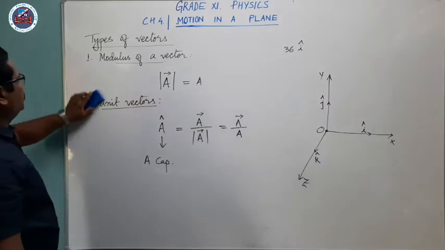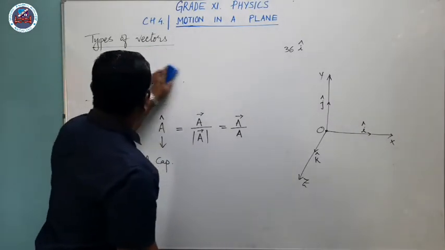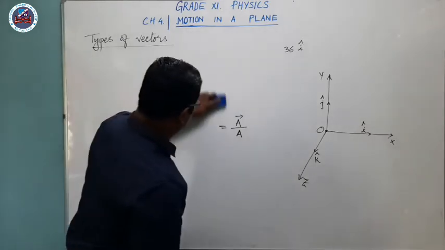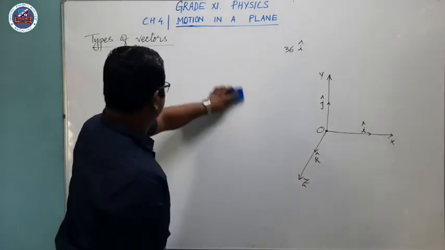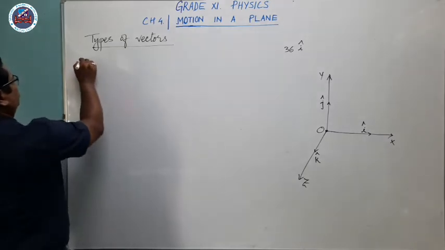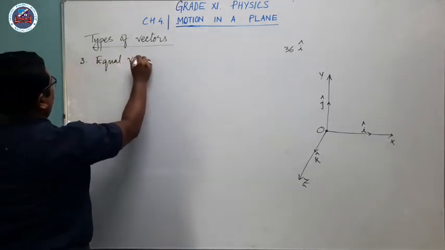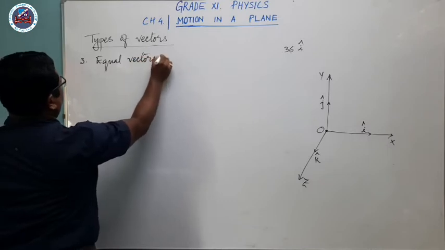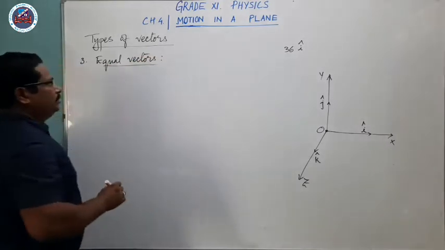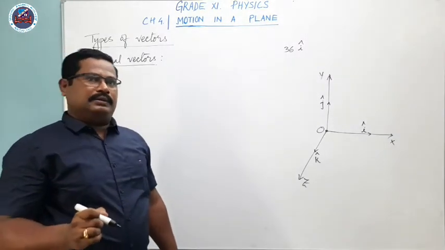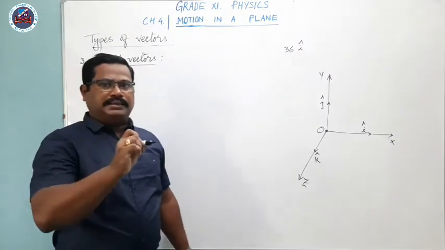Then let us talk about equal vectors. Two vectors are said to be equal if they have the same magnitude and the same direction.